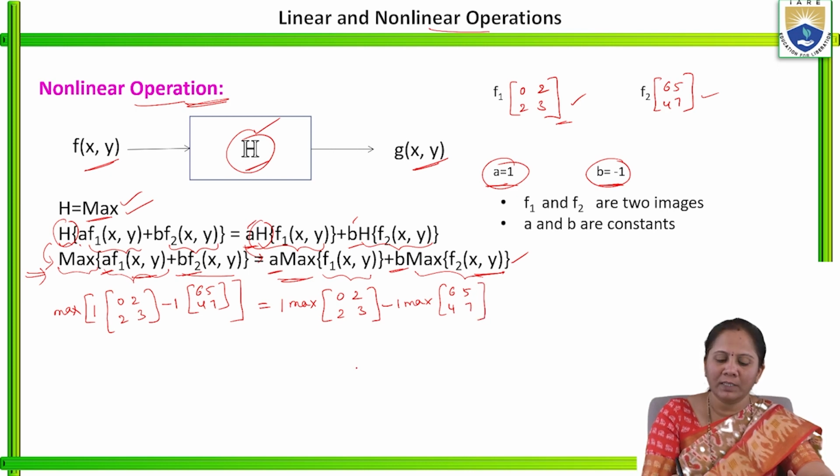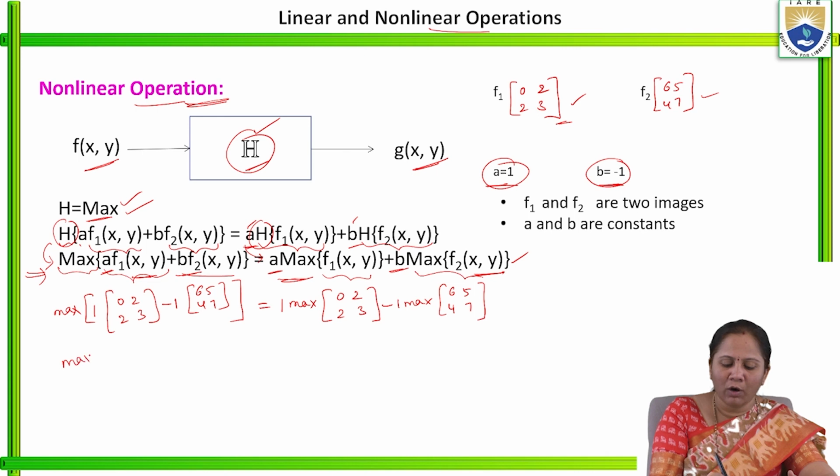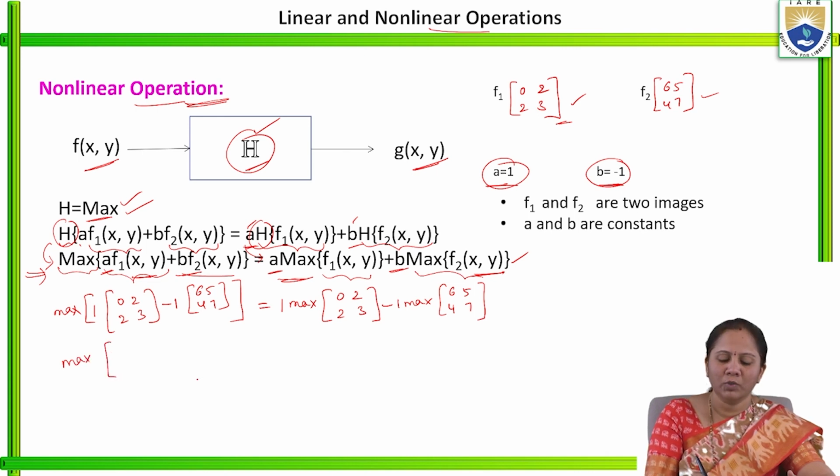So if we simplify this, maximum of, okay, 0 minus 6.